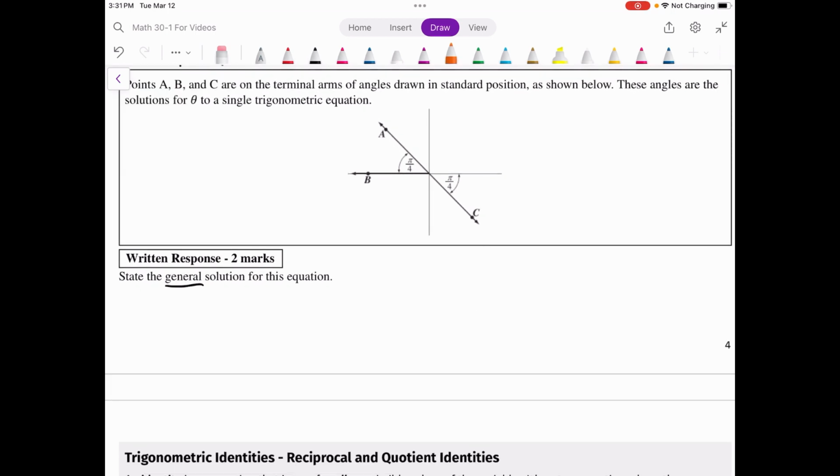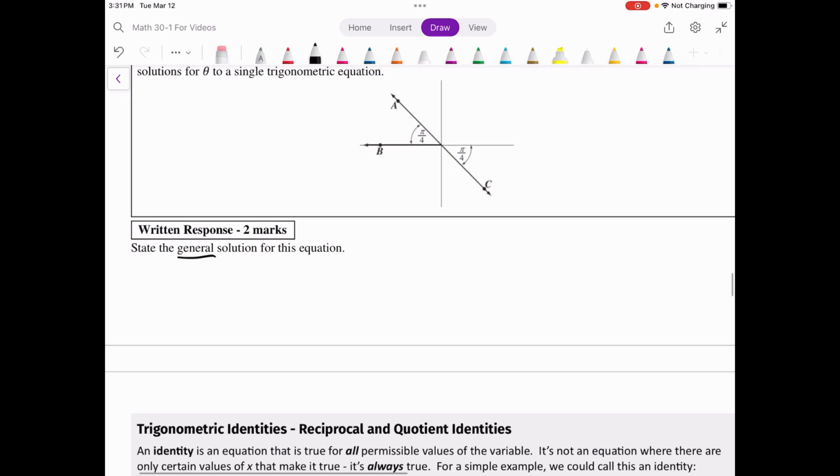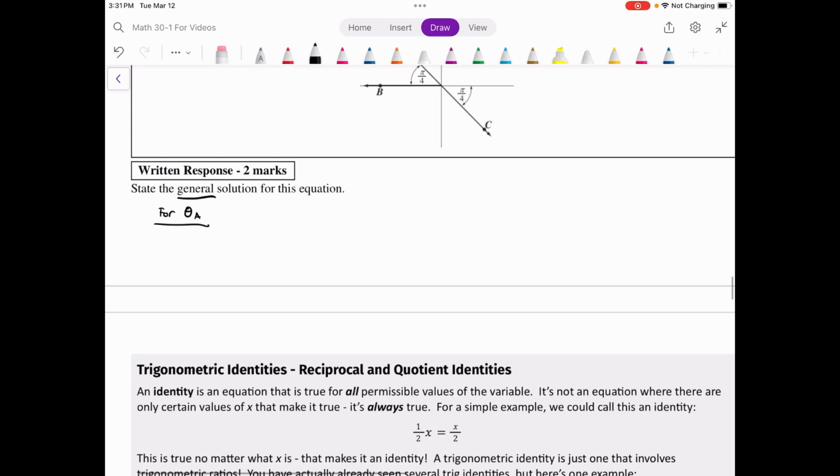So let's take a look here. What angle has a terminal arm that would go through A? Let's just work through them one at a time. For the terminal arm that goes through A, maybe I'll call it theta A, just to show that A is not the angle. A is the point that its terminal arm goes through. We can see that it's got a reference angle of pi over 4.